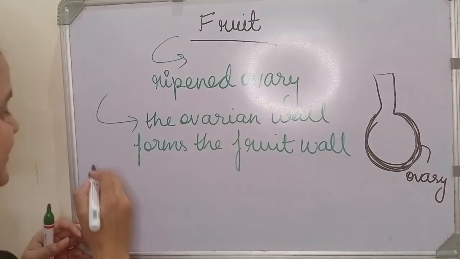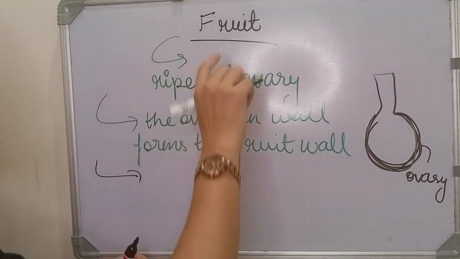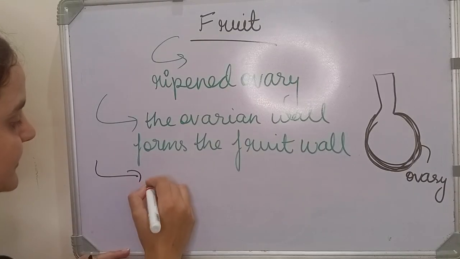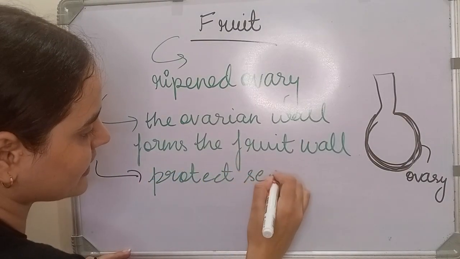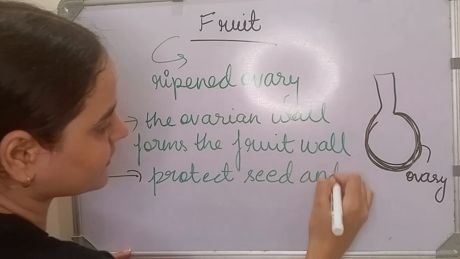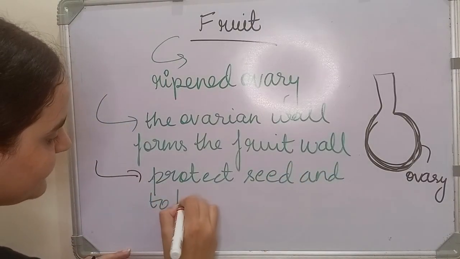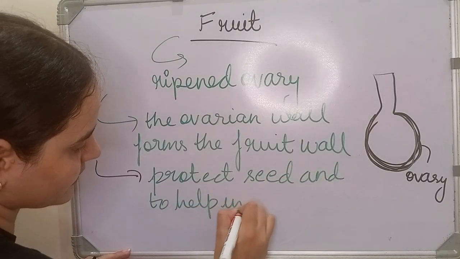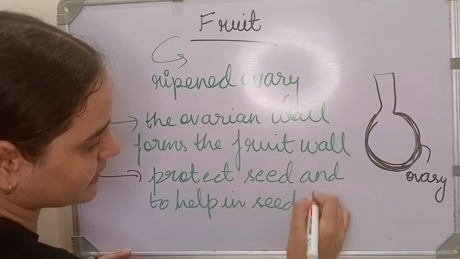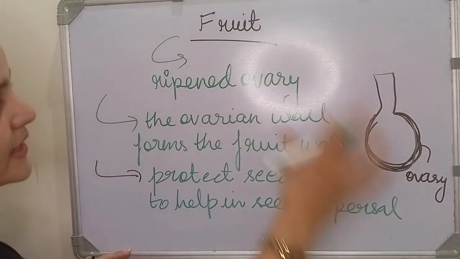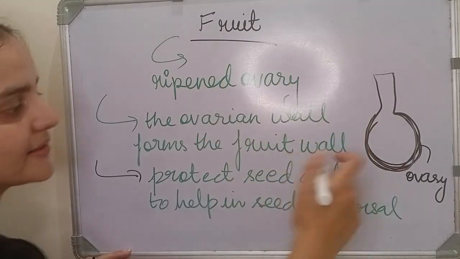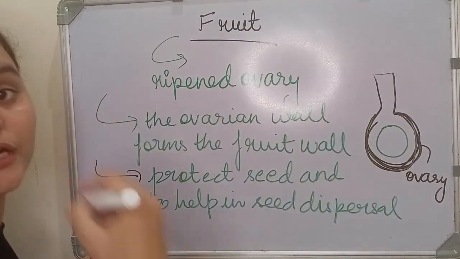Okay, now next point, the function of fruit is to protect seed and to help in seed dispersal. This fruit inside it contains the seed.